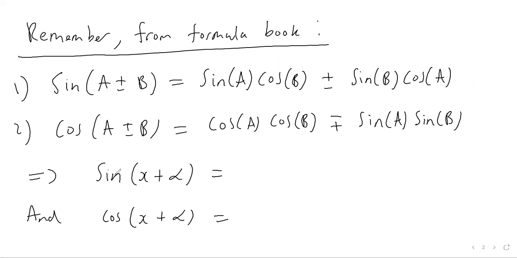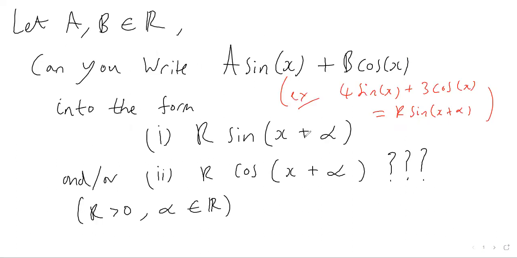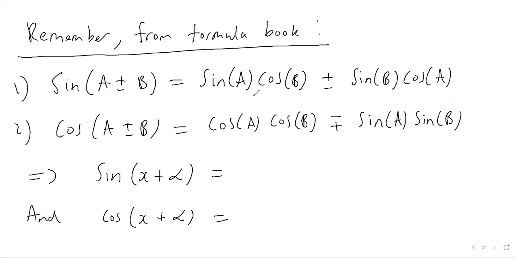So let's think about this sine of (x plus alpha) that we wrote here, and this cos of (x plus alpha). Let's substitute in x and alpha instead of the capital A and the capital B. We just call the a x and the b alpha, and plug that into our two formulae.